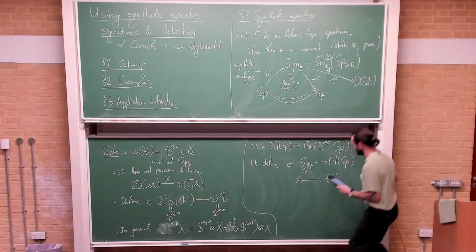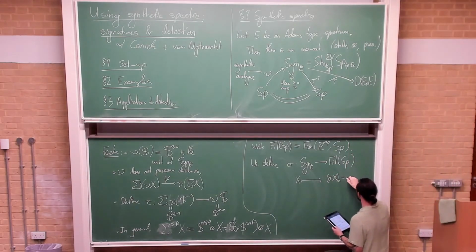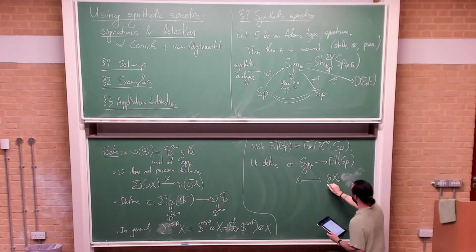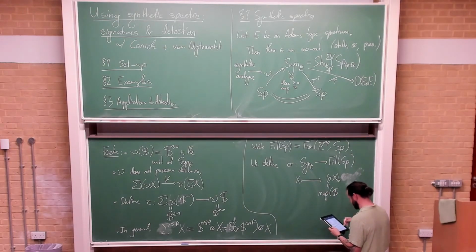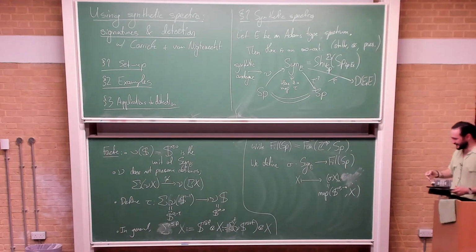The nth level of this filtered spectrum is going to be exactly the mapping spectrum. Let me write this with a little more clarity. It's going to be the mapping spectrum from, and this is also where I need to be careful with my gradings, from the 0 minus n sphere into X.